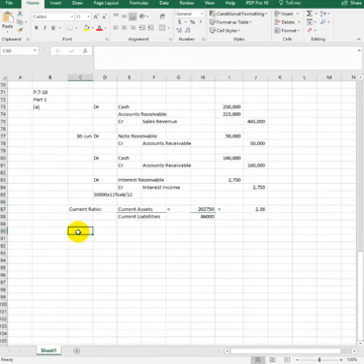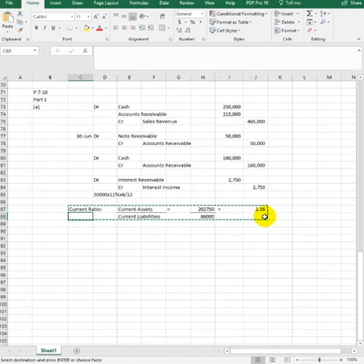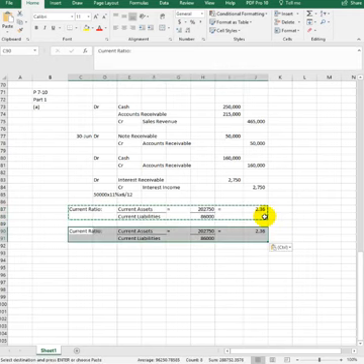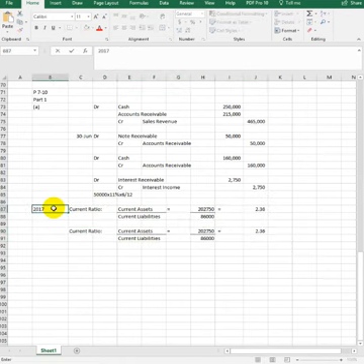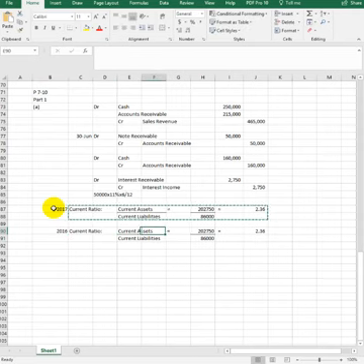Let's do the same calculation for 2017, and we should do the same calculation for 2016. So 2016, we're given all of these pieces of information.